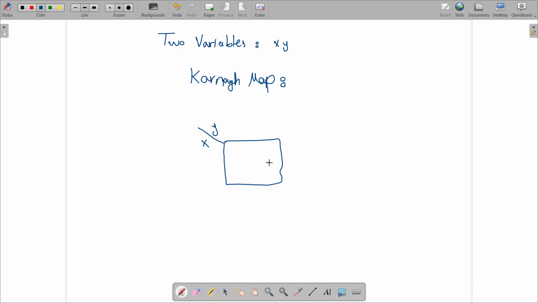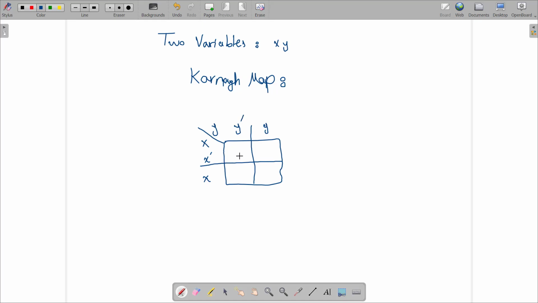Now horizontally, I divide this square into two sections. Write x here, x prime here, and vertically divide this Karnaugh map. Write y here, y prime here.